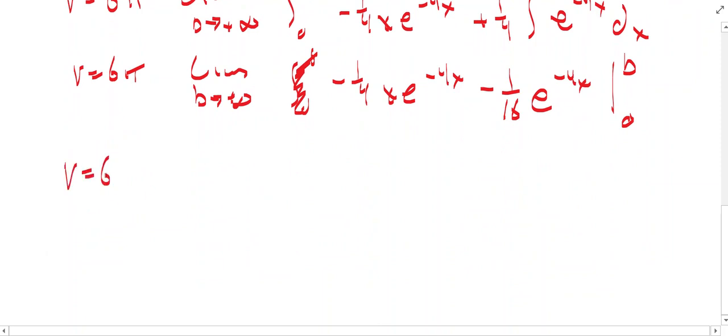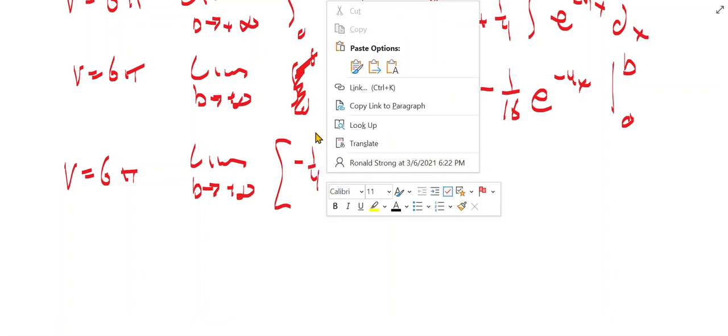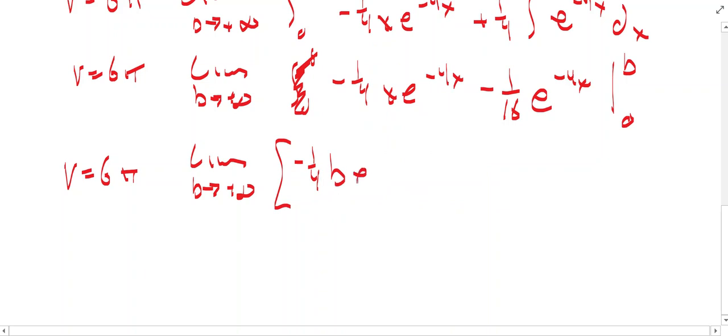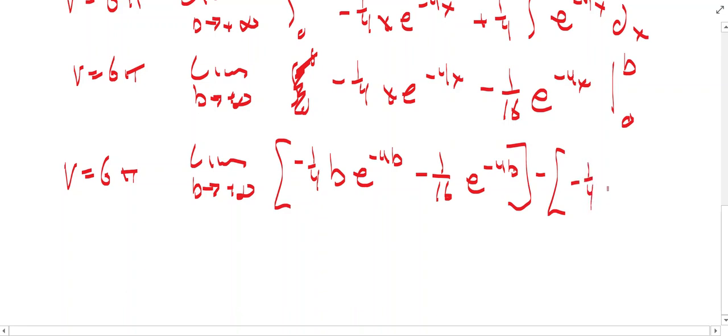So the volume is 6 pi times the limit as b approaches positive infinity of negative 1/4, and x is going to be b, times e to the negative 4b, minus 1/16 e to the negative 4b, and then minus negative 1/4 times 0 times e to the negative 0.